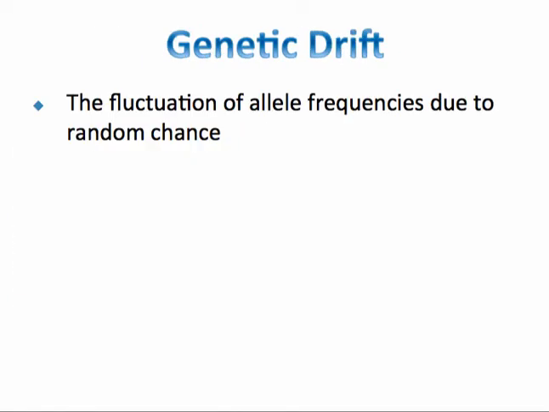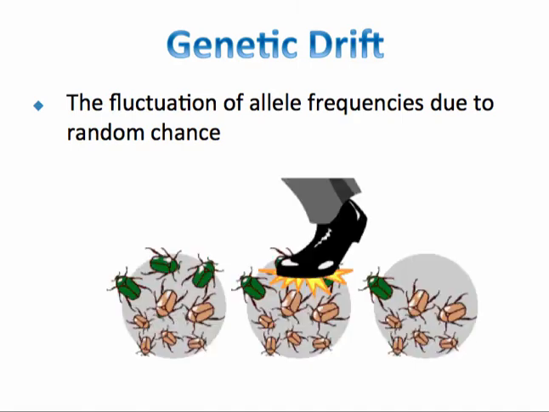Genetic drift is the fluctuation of allele frequencies due to random chance. To remember this, you can think of this beetle example. If you have a beetle population with green and brown beetles, and then someone is walking by and by chance happens to step on 2 green beetles, they are removed from the population.